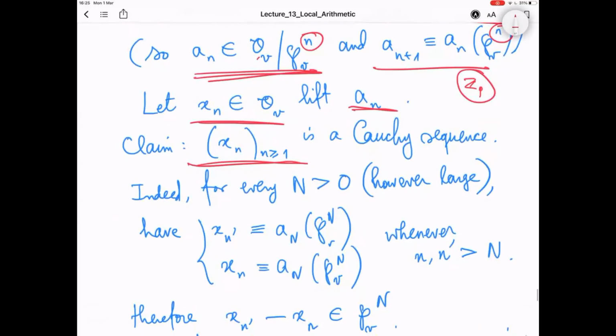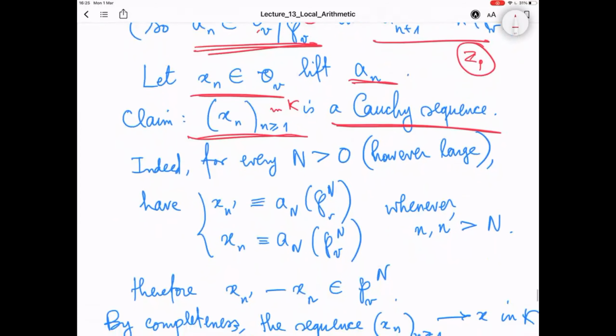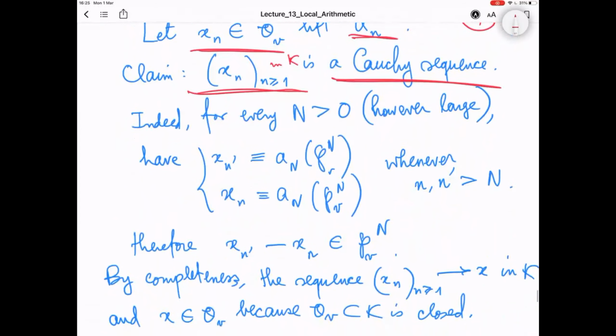Or let's first consider it in the field K, and the claim is that it's a Cauchy sequence. How do you establish this claim?